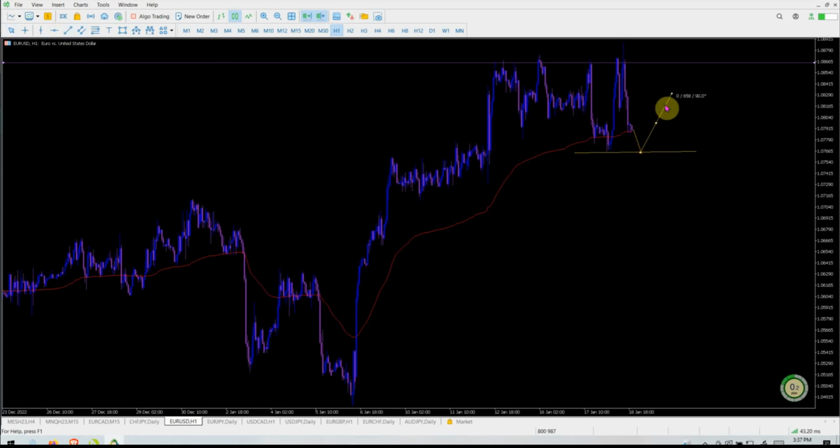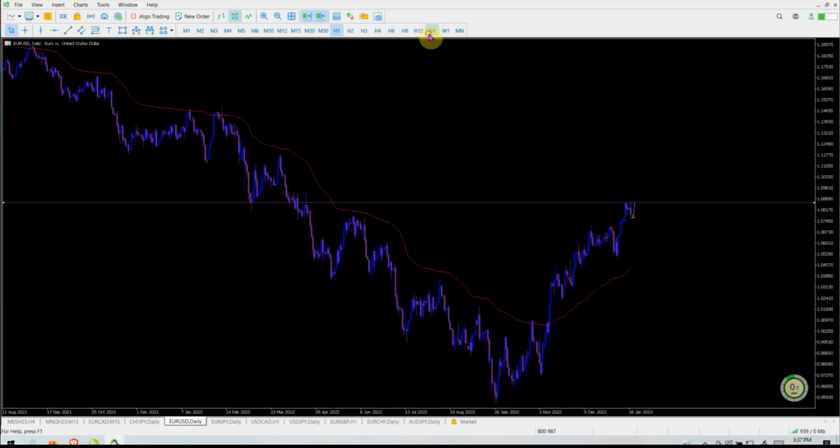But for now, it did respect this resistance level and came down. But again, I'm not sure how far that's going to go. This is the next area right here that I'm watching for potentially a break to the downside. But if this holds, then we're going higher, and then I would expect a move at least back up to this area here or further.